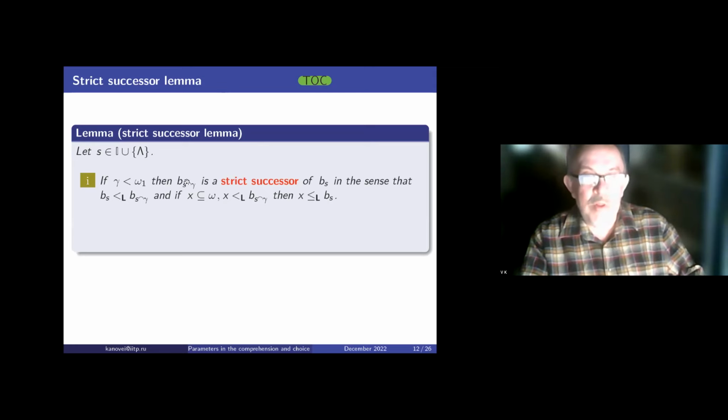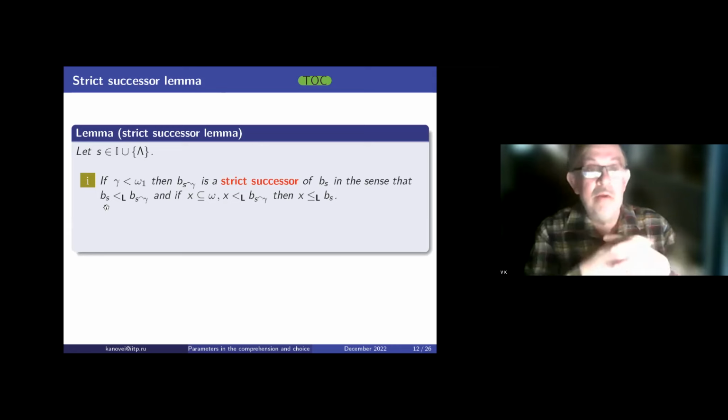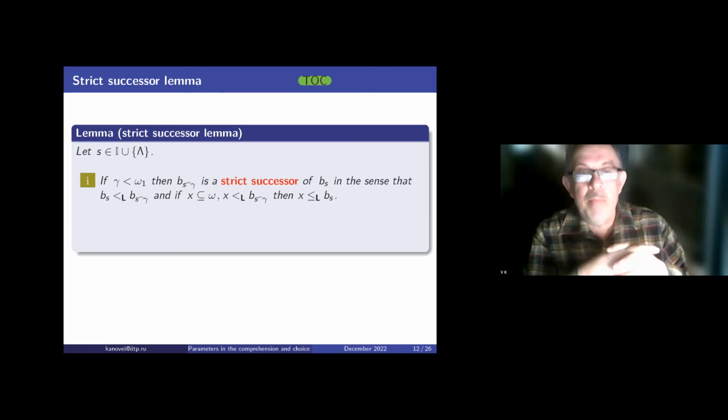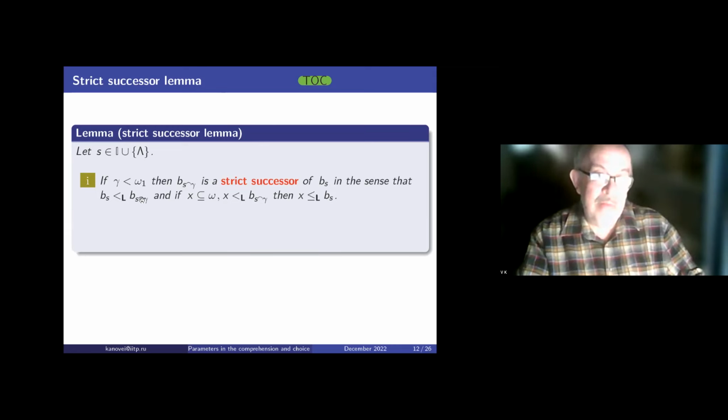So the corresponding real B is then a strict successor of B sub S in the sense that it's strictly larger in the Gödel sense.